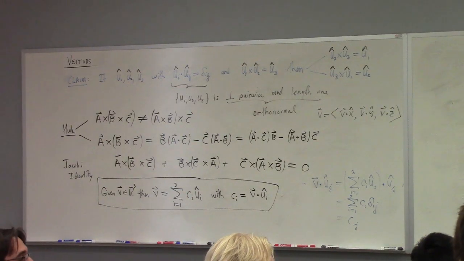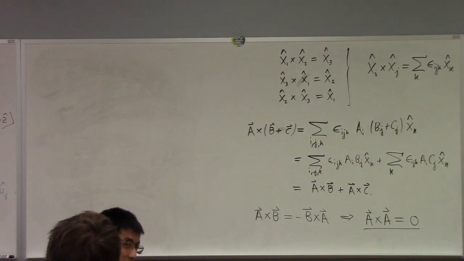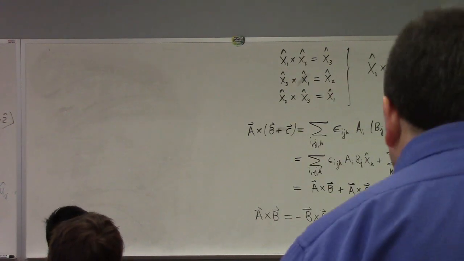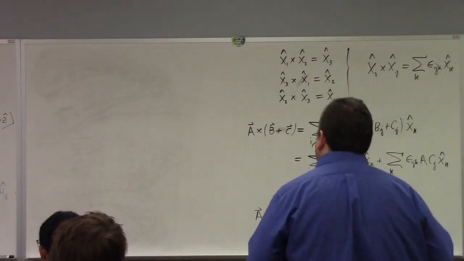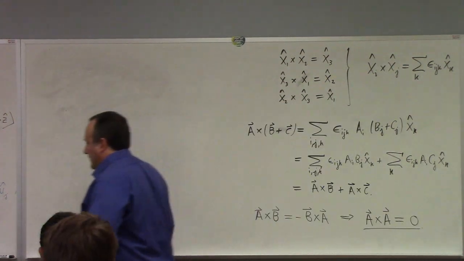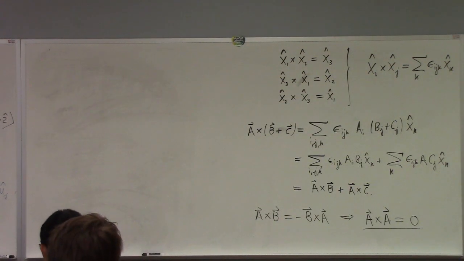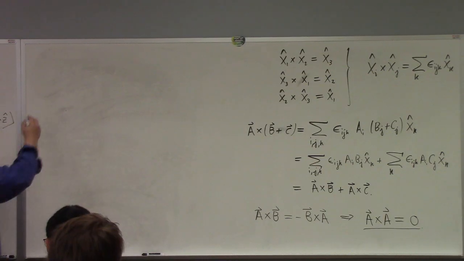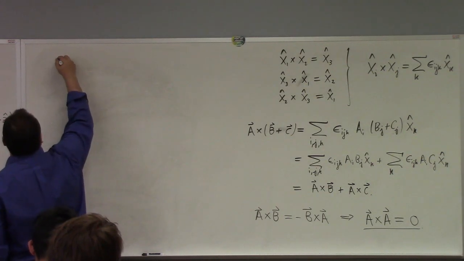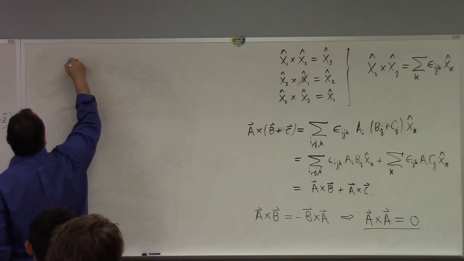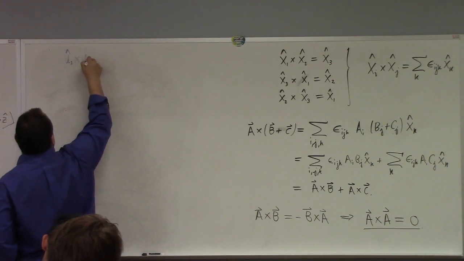So my suspicion is that if we use that, maybe we can prove the claim. What do you guys think? Could be. So let's take, for example, we want to calculate u2 hat cross u3.